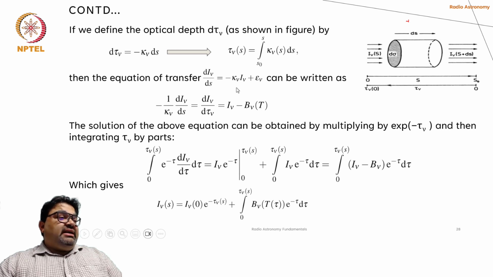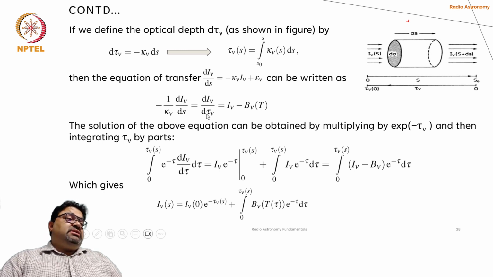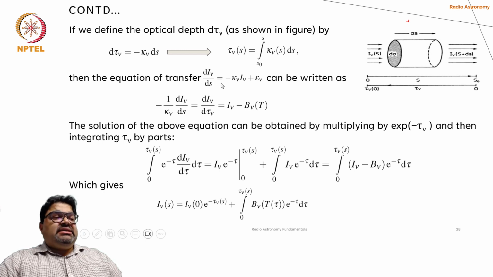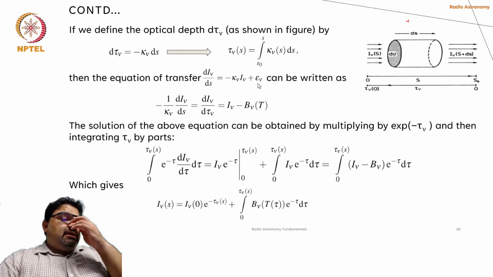So you can write down the equation of radiative transfer in terms of tau nu. So instead of writing it in terms of S, you are writing it in terms of tau nu. So how to do it? You have dI nu ds is equal to minus kappa nu I nu plus epsilon nu, or it was J nu earlier.